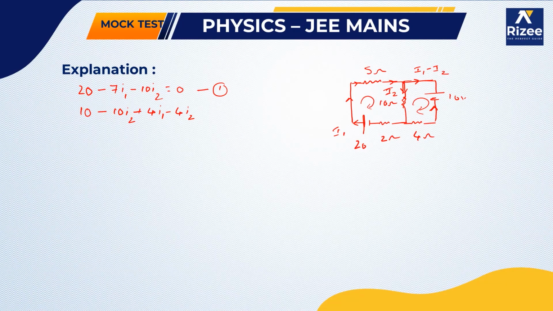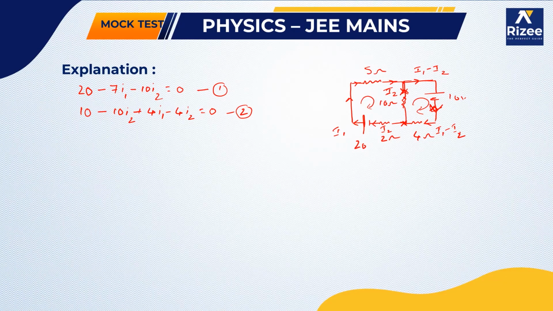The current coming from here is I1 minus I2. I1 and I2 come up to this junction, where I1 is divided in this way, and I take the direction of I2 in reverse. This will be equal to 0. This is our second equation.